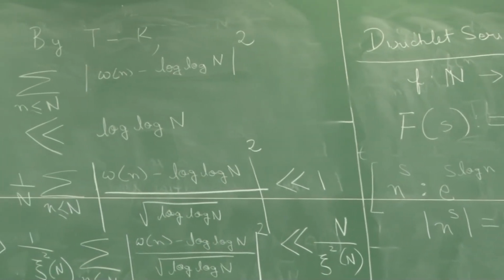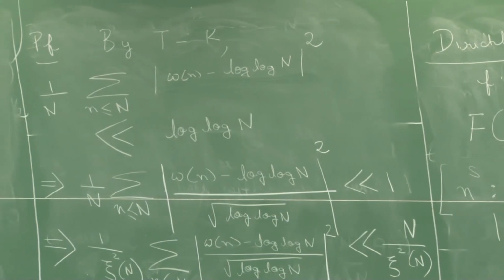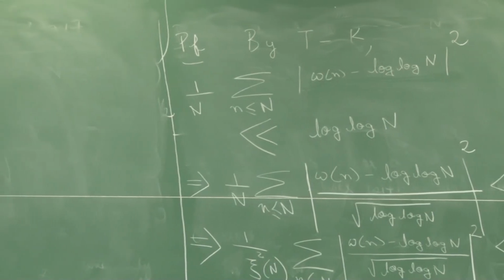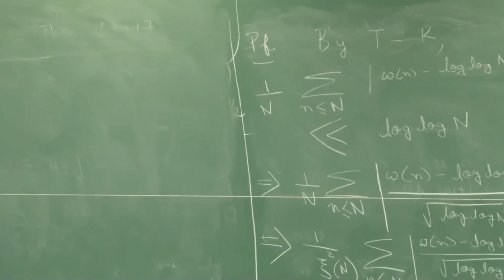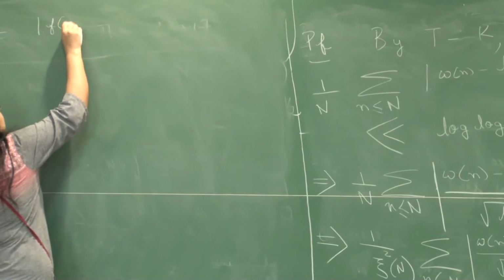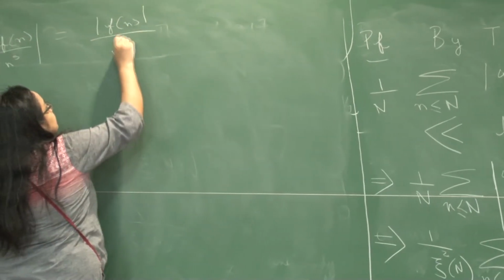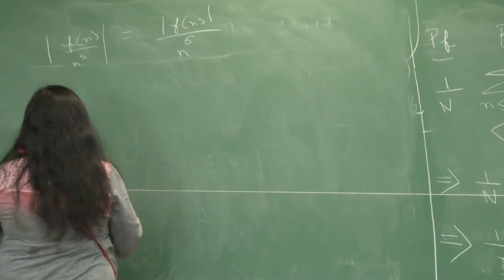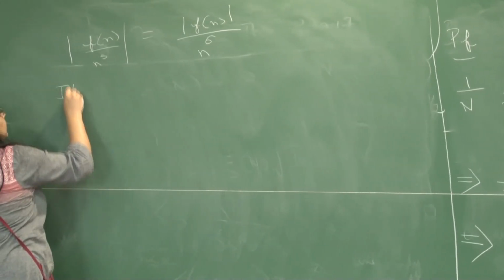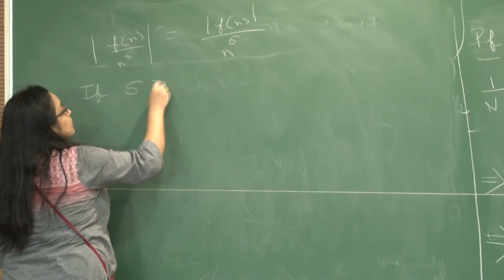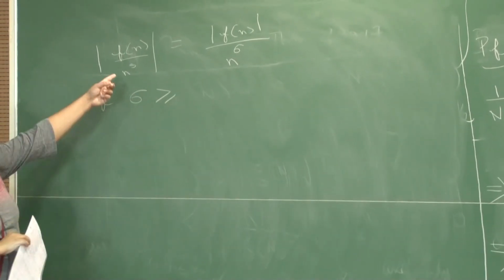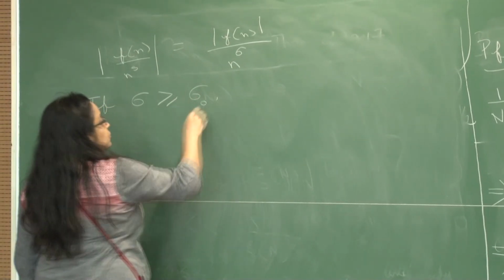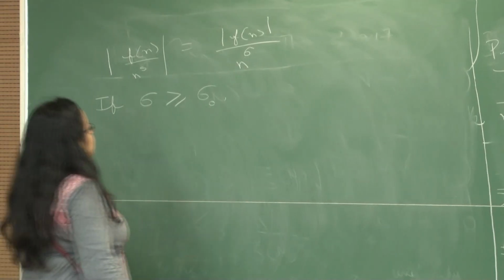So what this tells you is that the absolute value of f of n over n to the s is equal to the absolute value of f of n over n to the sigma. Okay, and sigma henceforth will be the real part of whatever complex number you're taking. If sigma is greater than or equal to sigma sub 0, what does that tell you?